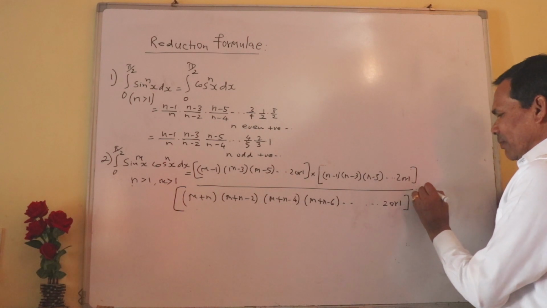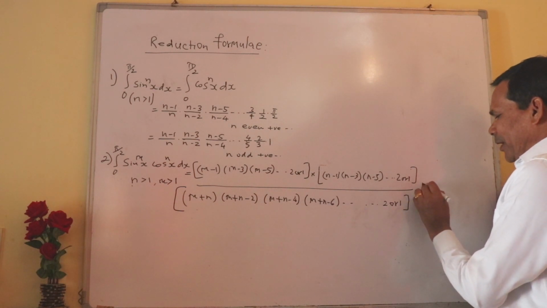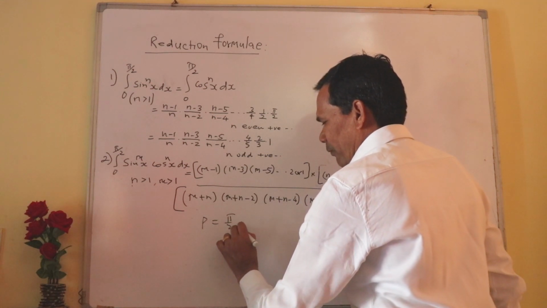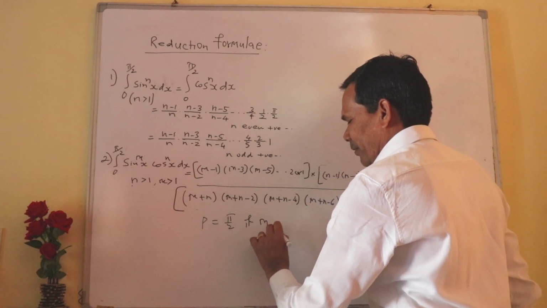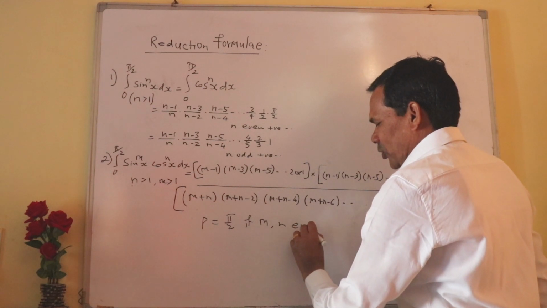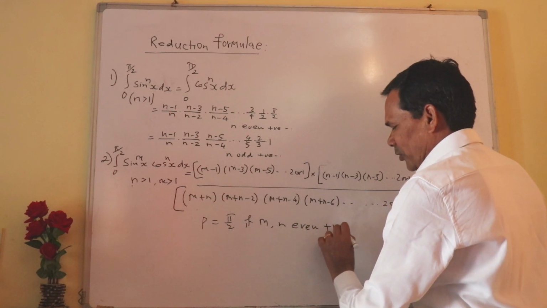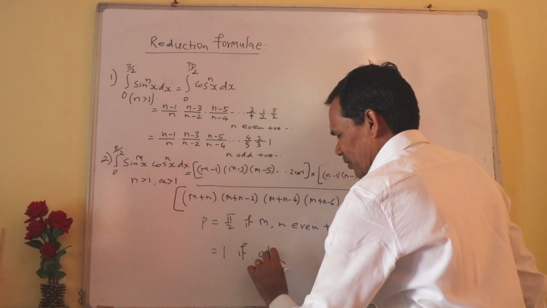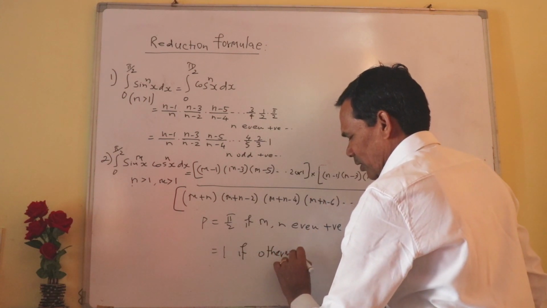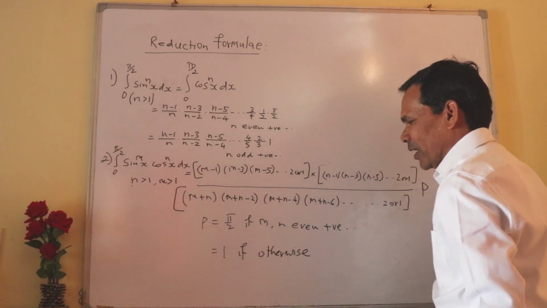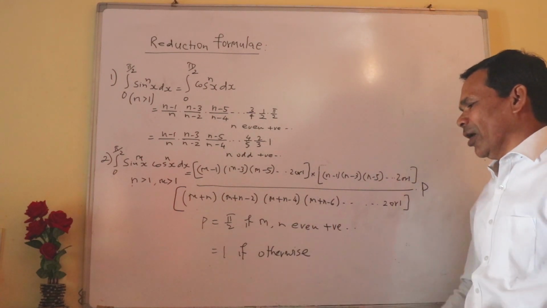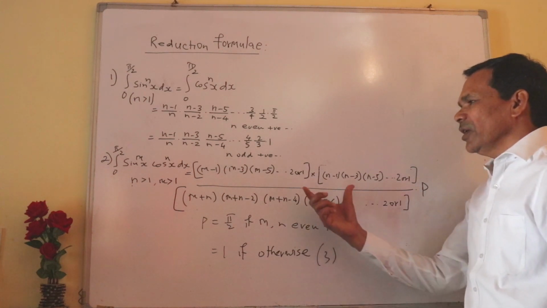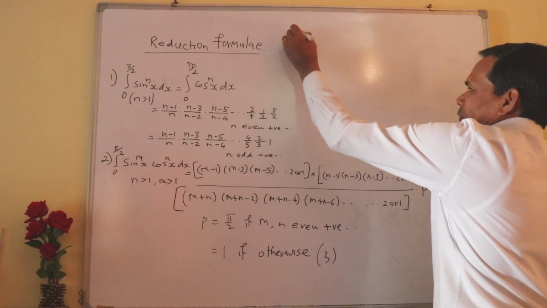Here it is multiplied by some value p, where p is equal to pi by 2 if m and n are even positive integers, and this is equal to 1 otherwise, meaning for the rest of the combinations: m odd, n even; both odd; m even, n odd, and so on. Rest of the three combinations there. So this is the way we apply this particular formula.